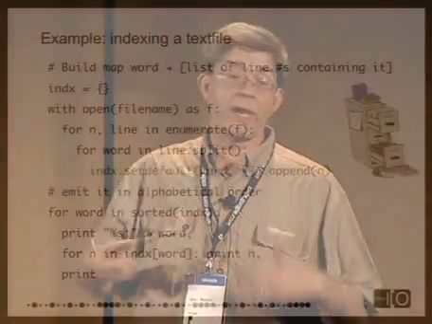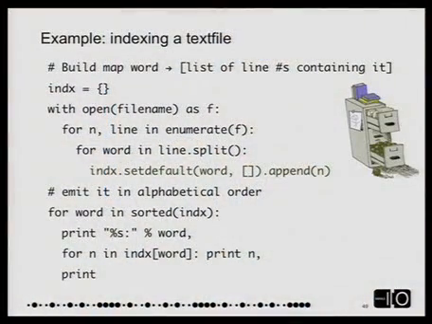We use enumerate to get line numbers. And in general, looping on a file gives you the lines of the file, so strings. And then we call the split method, which breaks a line into a list of words, and loop over that. And here we use setdefault, which is a bit complicated, because basically what it does is it looks up this key in the dictionary.